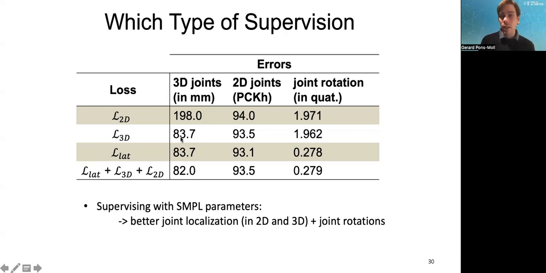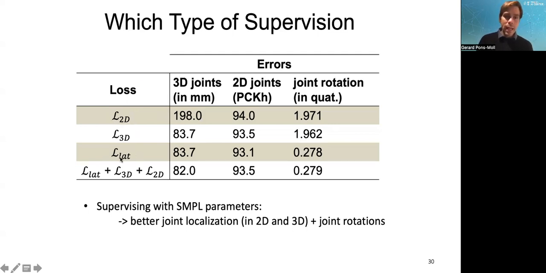Like you have 83.7. That's significant. The problem with this loss is that you're not measuring the orientation of the body. Therefore, this error in quaternion space, 1.962, is still quite high, right? It's almost as high as only using a 2D loss.